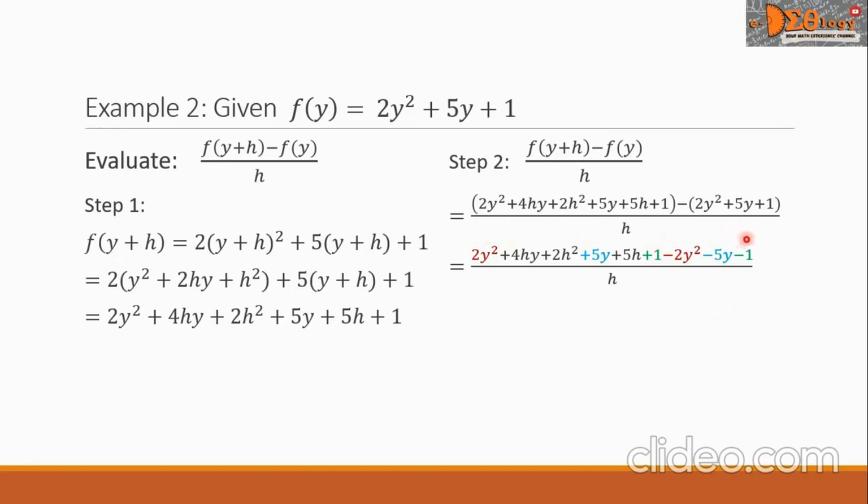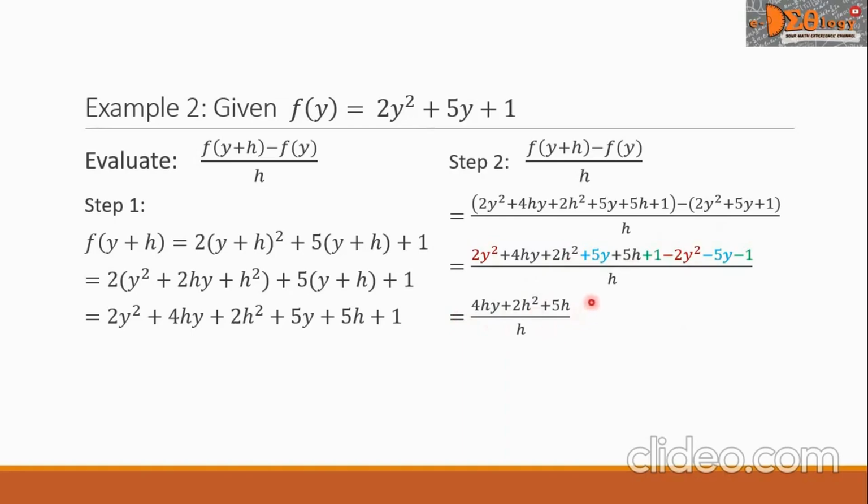So they can cancel each other respectively. So on the next line, we will simply collect the remaining terms. And the terms are the 4hy plus the 2h squared plus the 5h all over h.